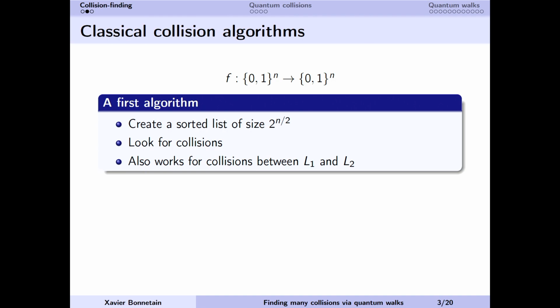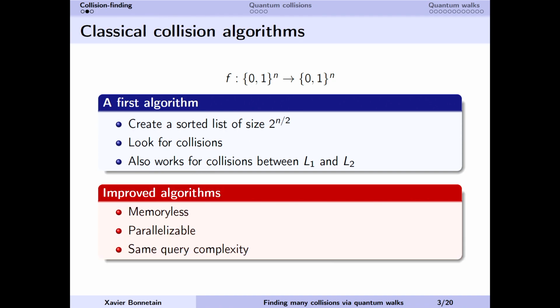This works with one list, but it also works with two lists, L1 and L2, with the same technique. This is a very simple algorithm, and there have been some improvements proposed, such as Pollard's rho, the lambda method, etc. These methods are better because they are memoryless and parallelizable, but in terms of query complexity, they roughly achieve the same cost as this very simple list-based algorithm.